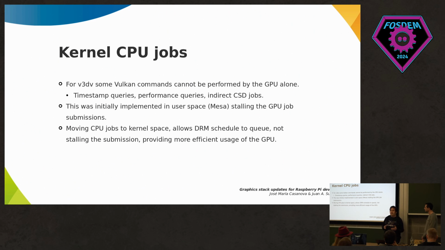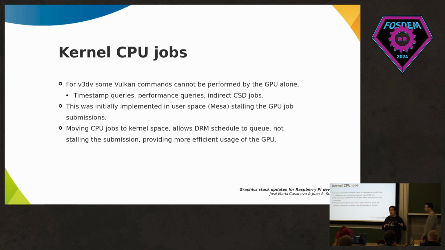This caused issues because when we were submitting the different command buffers to the GPU, we needed to stop the GPU submissions, do the work in user space, and then continue after having the result. So one of the improvements that we have just recently landed upstream in the kernel was these kernel CPU jobs.